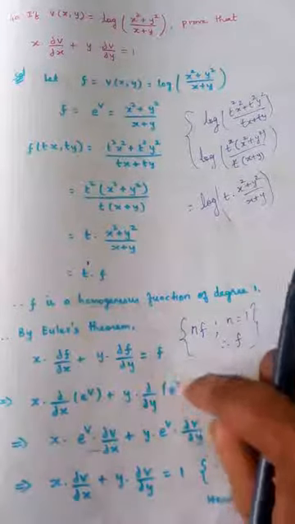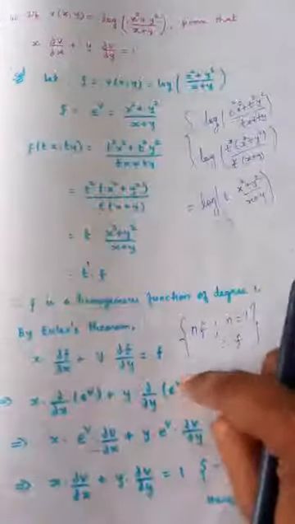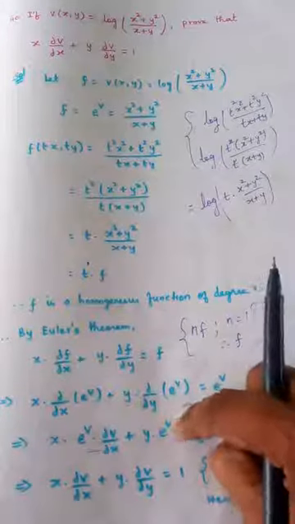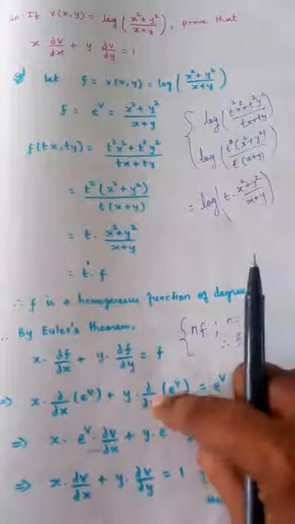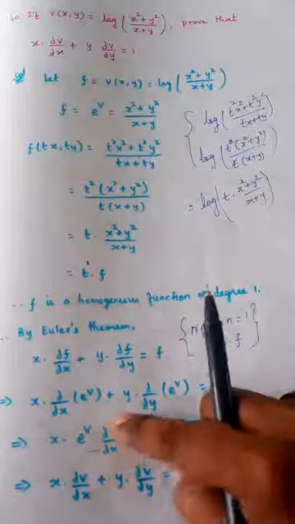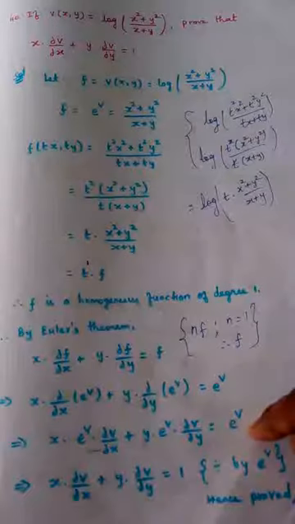Now I have to differentiate this with respect to y partially. The differentiation of e power v is the same e power v, but v should be differentiated once again with respect to y. So dou v by dou y. Understand why I am writing this, and this is equal to e power v.